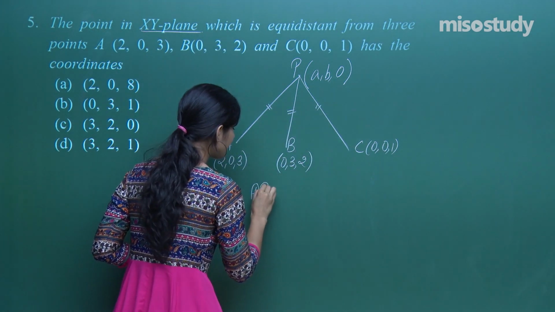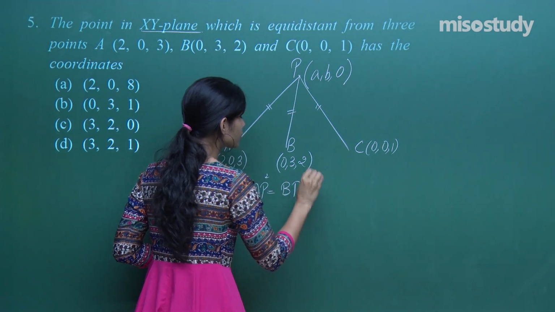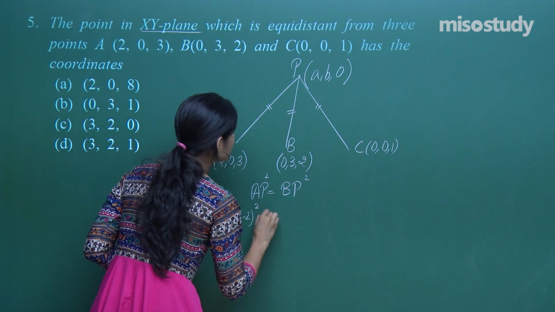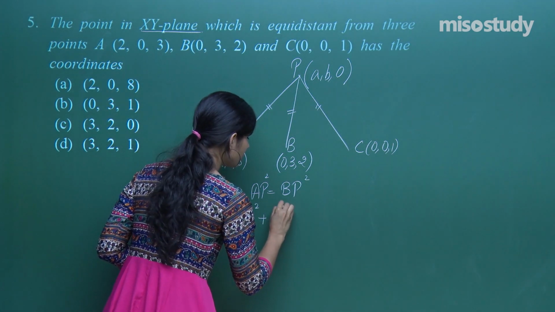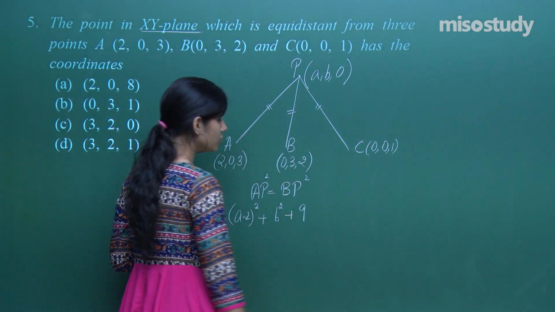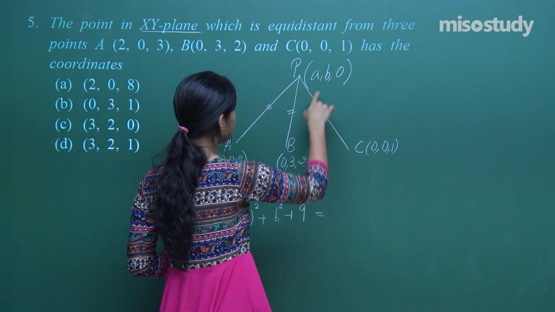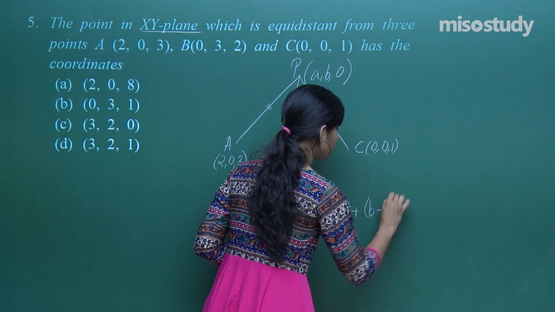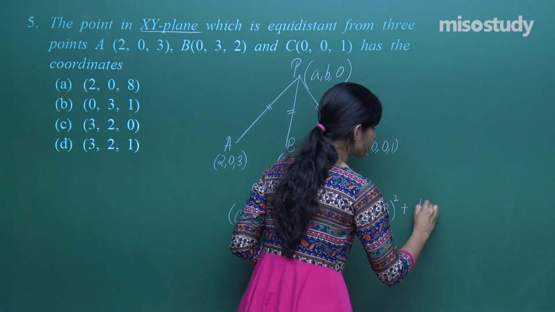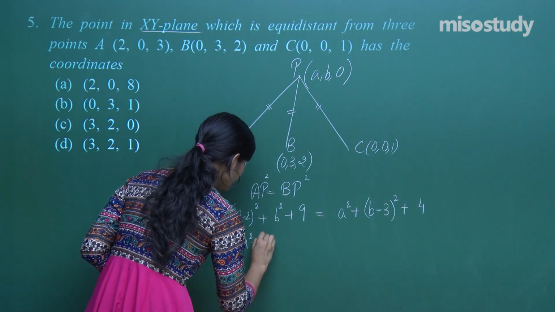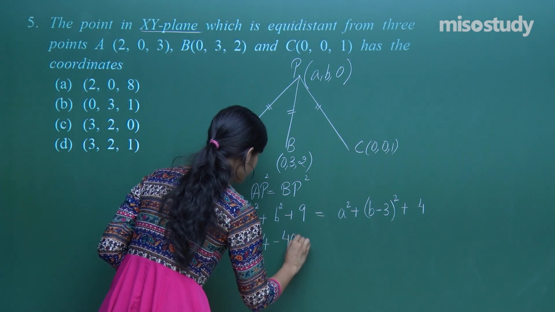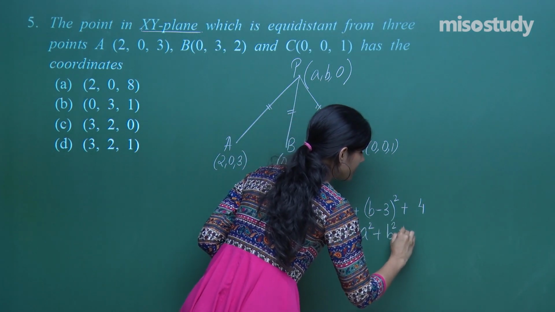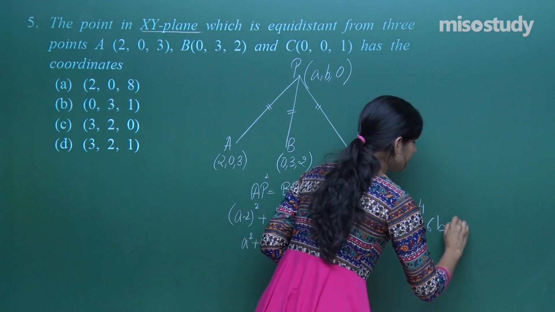So first I am going to use AP is equal to BP, and therefore their squares are also same. Then you have a minus 2 whole square plus b minus 0 whole square plus 0 minus 3 whole square, this is equal to BP square, that means a minus 0 whole square plus b minus 3 whole square plus 0 minus 2 whole square. This gives you what? a square plus 4 minus 4a plus b square plus 9 equals a square plus b square plus 9 minus 6b plus 4.